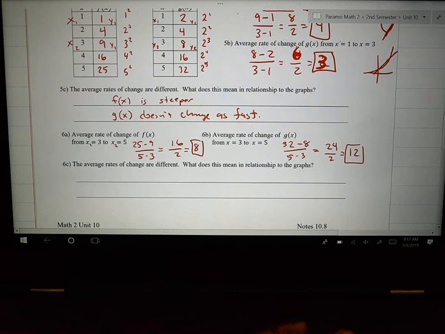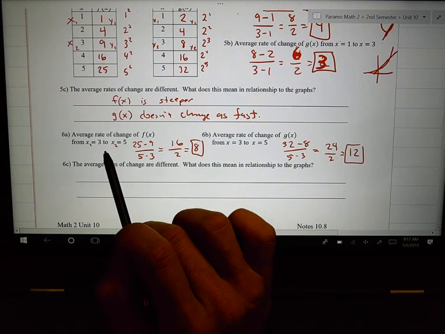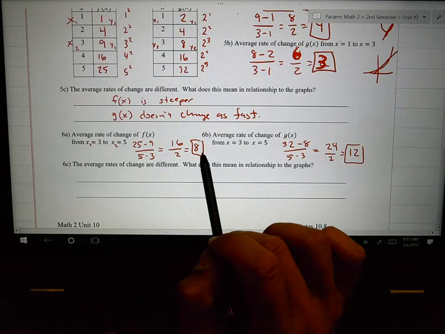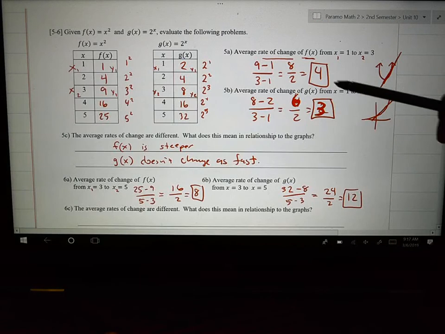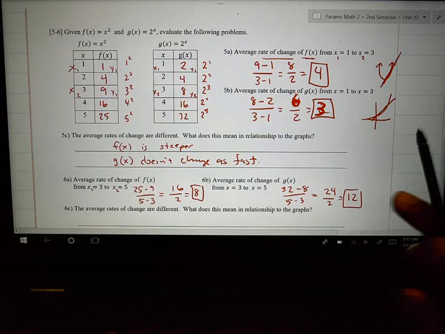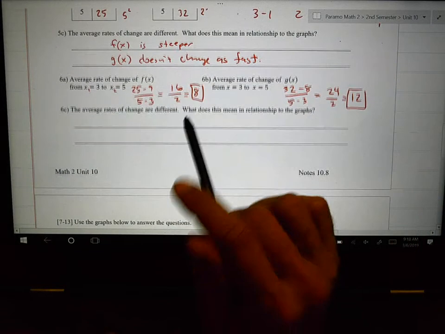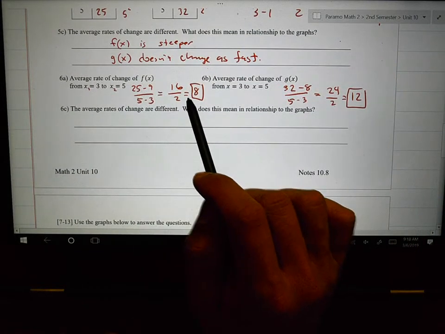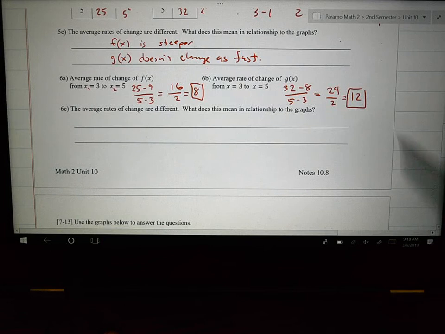But then something funny happens. From 3 to 5, on f of x, where this was steeper and this was not as steep, this one has 8 and that one has 12. This one's steeper now. G of x is actually going to become steeper than f of x.